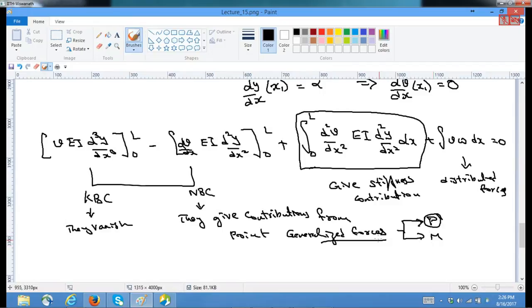Similarly, my generalized degree of freedom is nothing but your y and dy by dx both, because this is its conjugate and this one is its own conjugate. So this set becomes generalized forces, this set becomes generalized degrees of freedom.